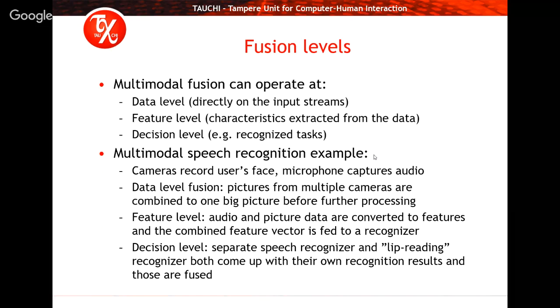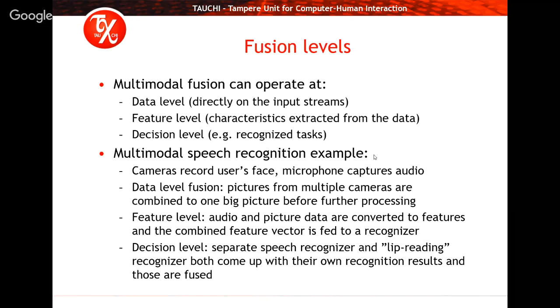Basically, data level means that we are fusing the input directly on the input stream level, and feature level means fusing the feature streams, since all these systems use things called features when they are doing the recognition.